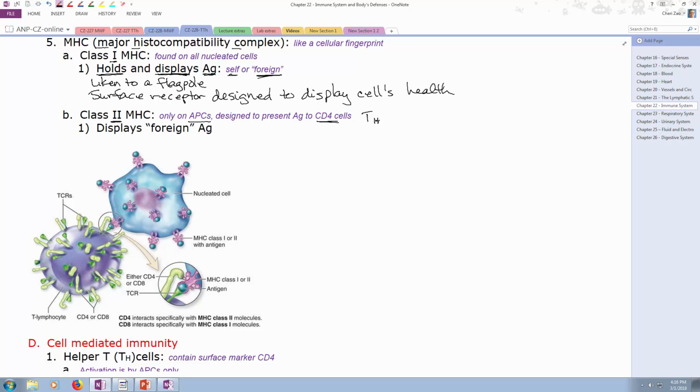And they will be displaying a foreign antigen because this is what their job is all about. Their job is to take foreign material that has invaded you, and that's why they're antigen presenting cells, and present it to the commander, so to speak, so that we can get some sort of military action going. So do APCs only have class 2 MHC?